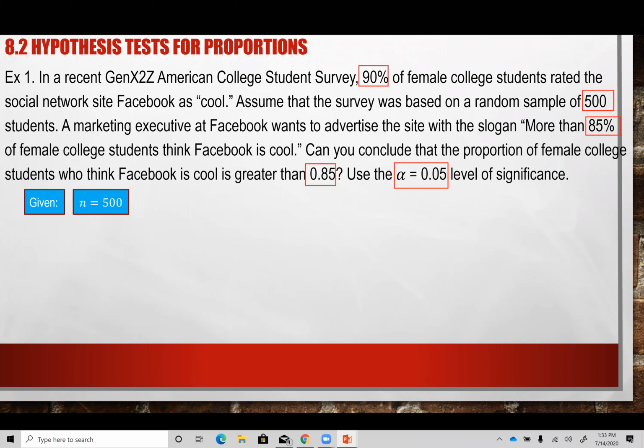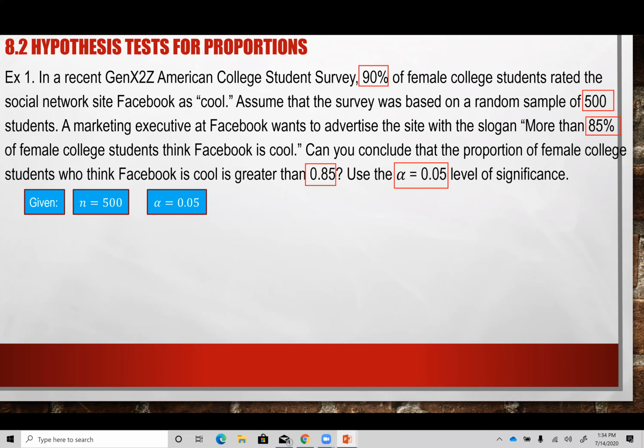Now the alpha should be easy to spot. The alpha is your level of significance, which is your probability of type 1 error, right? Those two are easy to spot, and that's what happens in 8.4. The thing that is hard to spot is if they give you the percentage or the X. Looking at this, remember I told you that we have two percentages here. Which one will we use to compute the test, right?